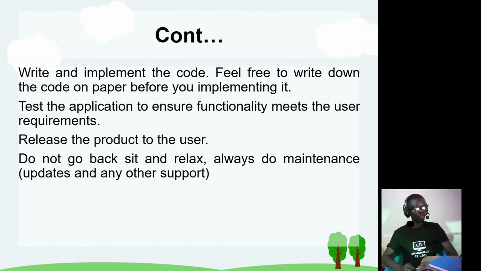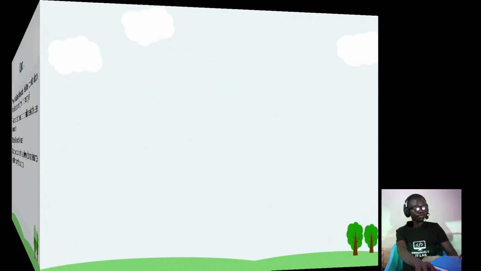So test the application during development, then after development, perhaps get somebody to help you test the application. Then later on, deliver the product to the user or the client. So do not sit back and relax after you have delivered the product to the client. Always maintain such that you can stay live in the field.